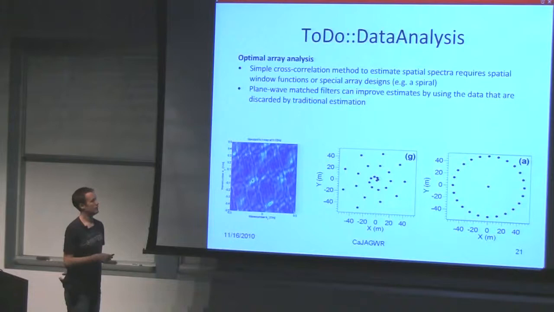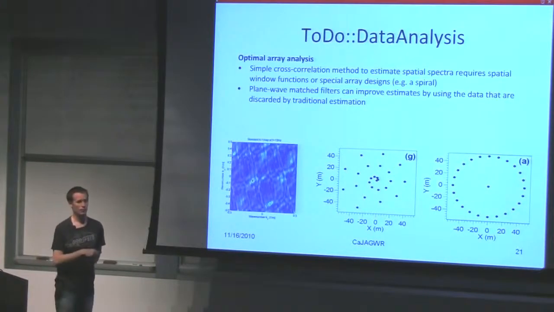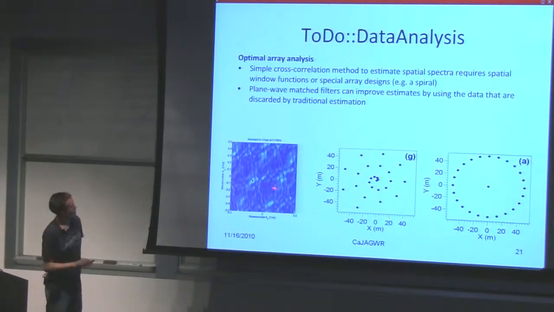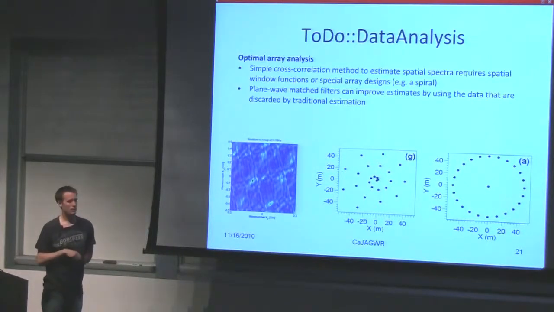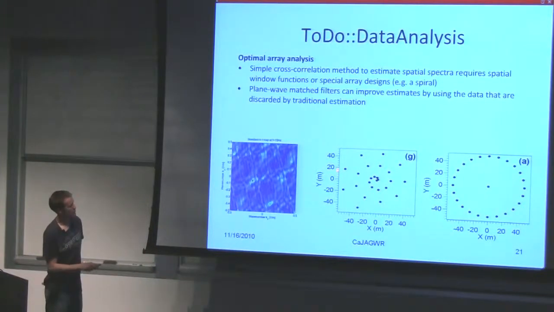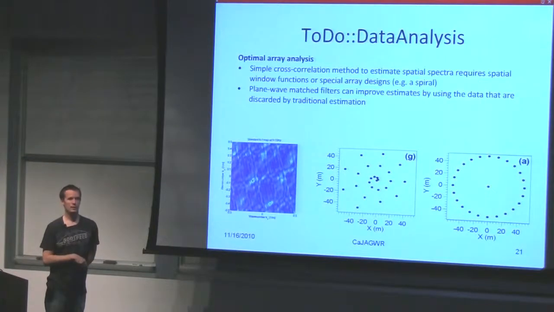It's very similar to time series analysis actually. And the optimal way to do this specific method is to apply window functions, for example, which actually suppresses data from the edge or surface of the array, which is kind of stupid.